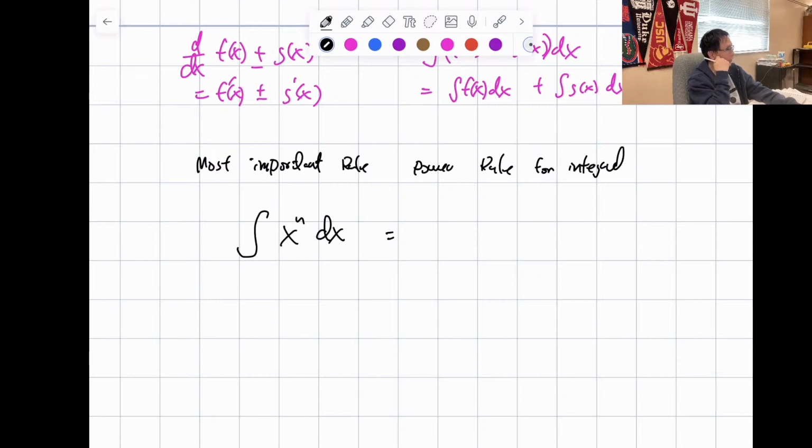Would it be Fiona? Which function, when you take a derivative, is going to give you x to the n?